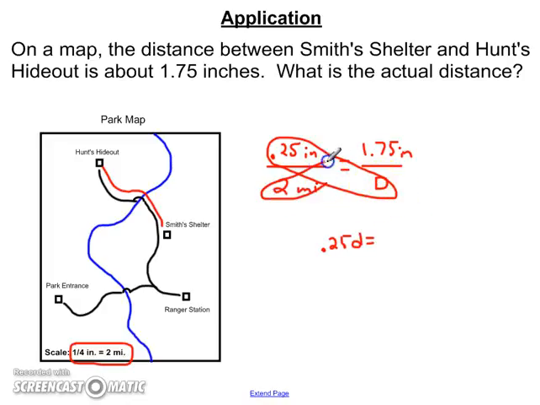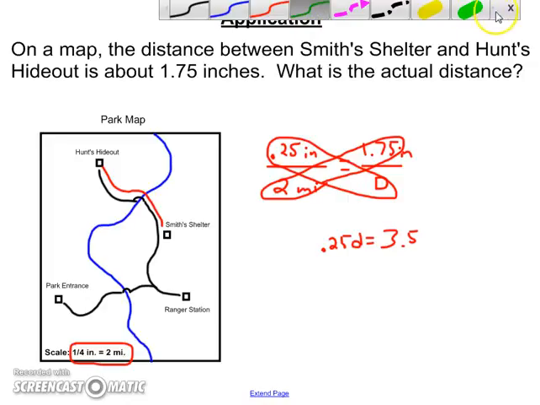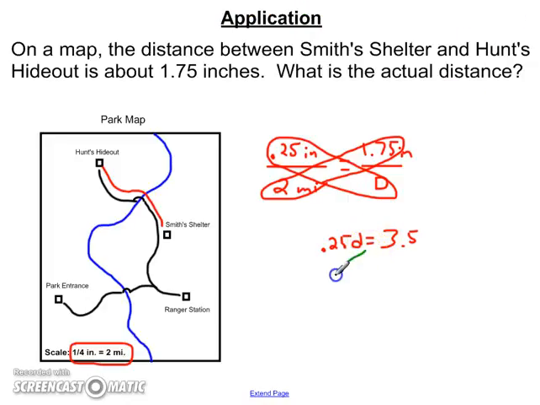And 1.75 times 2 will end up being 3.5. Now we have our equation, and we solve it. In this case, we're going to divide both sides by 0.25.